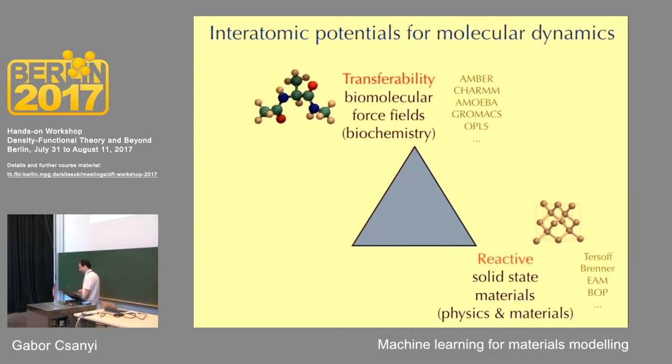That's in contrast to materials models, which need to be reactive. So models for solid state systems, carbon, silicon, I've mentioned before, but also metals. You want to break bonds. Here in biomolecular force fields, you can do a lot of science without breaking bonds. But here, it's all about breaking bonds, determining melting points, surfaces, reconstructions of different surfaces, perhaps motion of dislocations, and point defects are what is interesting. Here are some functional forms that you might have come across: Tersoff, Brenner, EAM, as I mentioned before. Here's a diamond structure to illustrate.